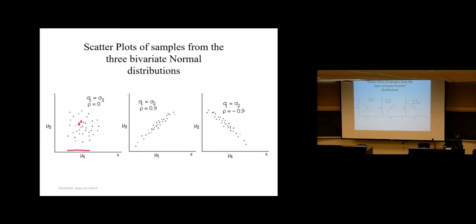The spread here and the spread here are the same, which is 2 sigma 2 here, and 2 sigma 1 here. And then for rho, because there's no correlation at all, you can't see any pattern of x increasing and y increasing. It covers all the places: when x1 increases, x2 can have a pretty wide distribution.